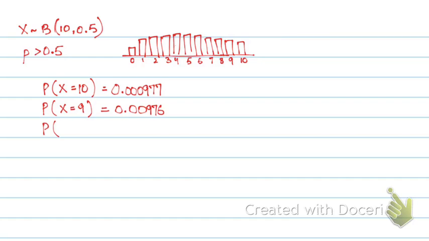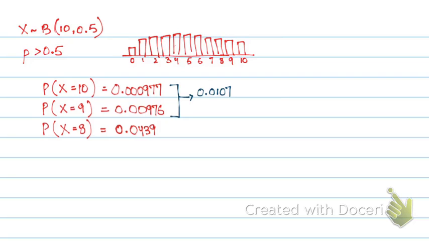Probability of X equals 8 turns out to be 0.0439. If I take the sum of the first two probabilities, this is 0.0107.